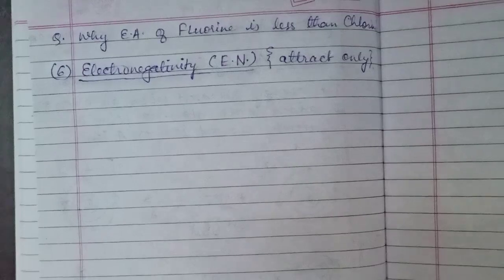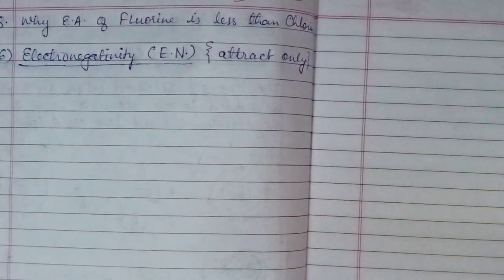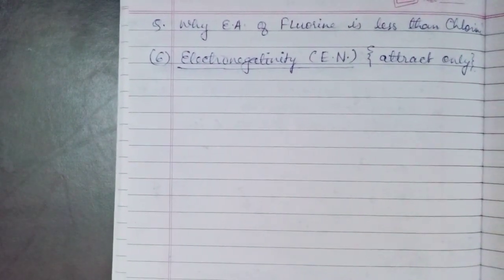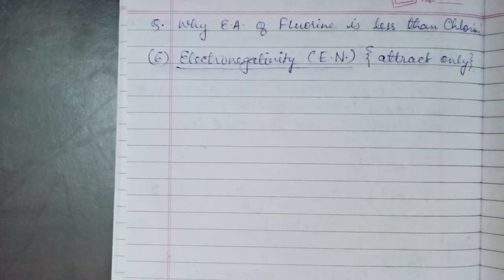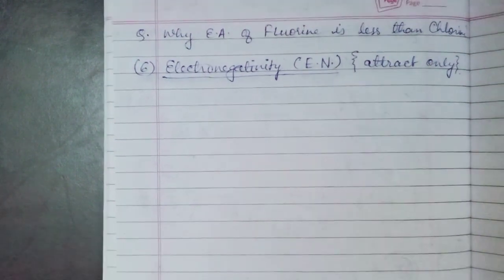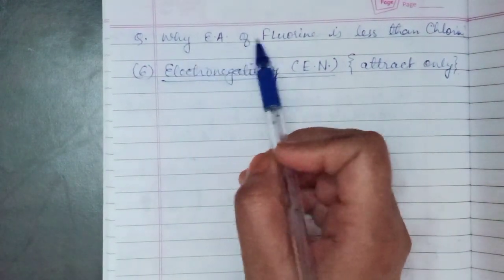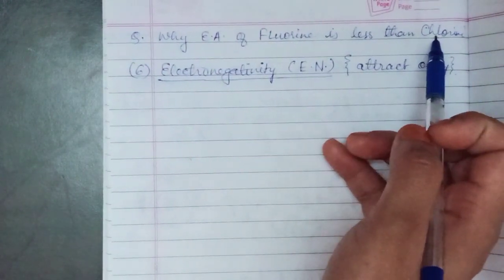Okay. This is your homework: why is the electron affinity of fluorine less than chlorine?